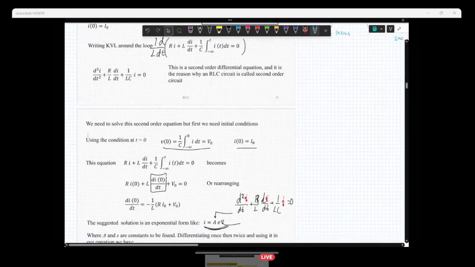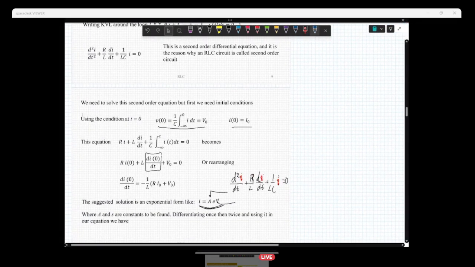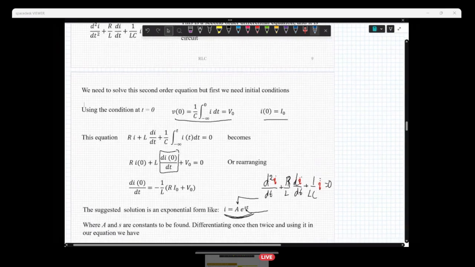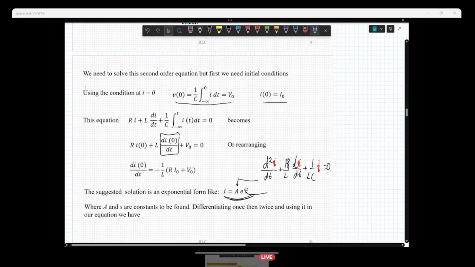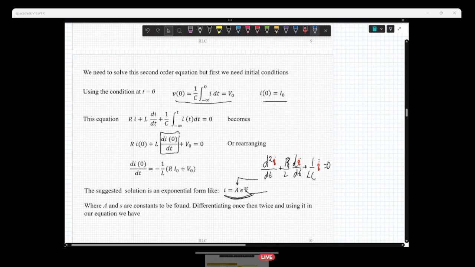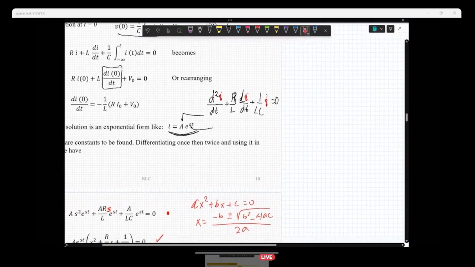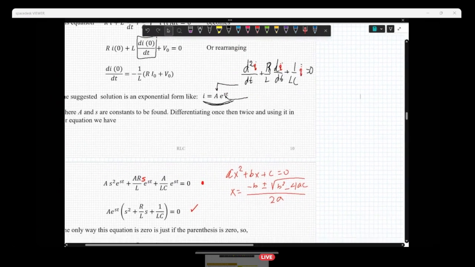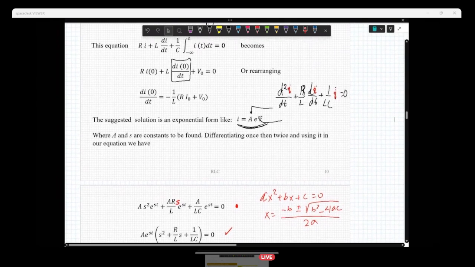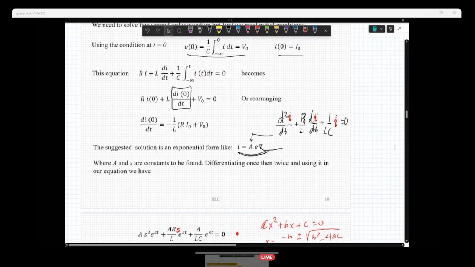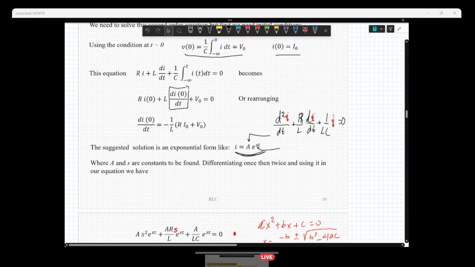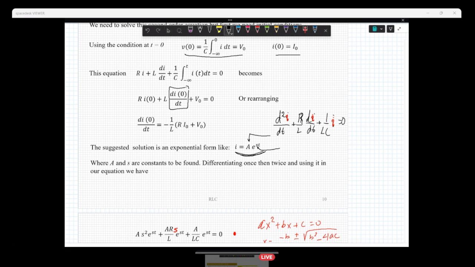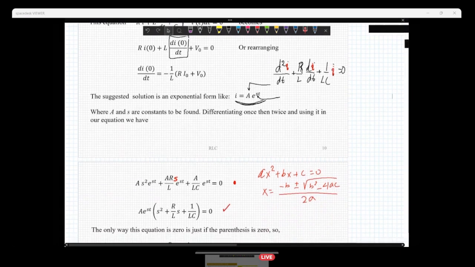Okay, here are the proofs. I don't want to go through every single piece of it, but having the general form just helps to write down. I was going to say the I equals A e to the st. Where did she pull that from? To be honest, I have no idea. That's like when you do the auxiliary equation in differential equations.